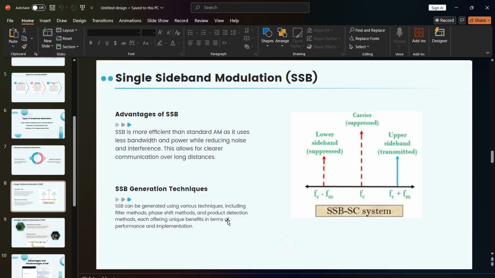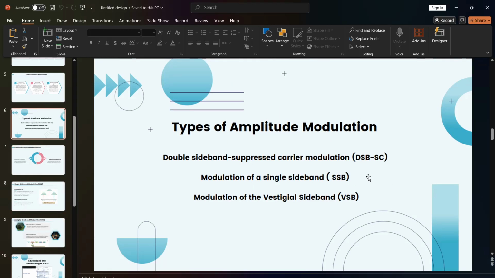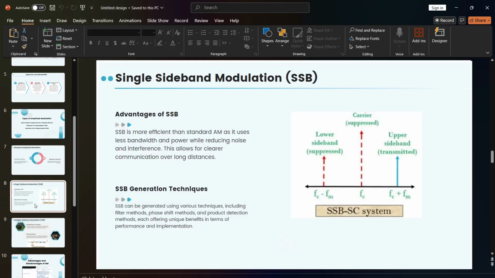So now we can come across a question: what is the difference between DSBSC and SSB? What is the difference between DSB and SSB? The difference, as we have come across, is the bandwidth.